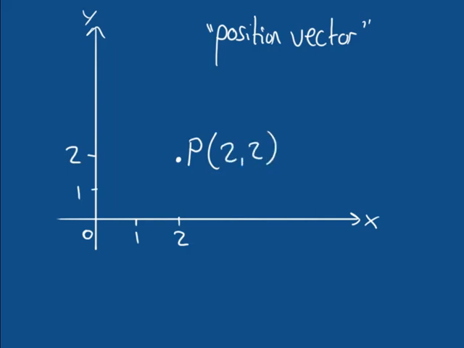Now if I had a vector that travels from the origin to this point, and if this was just a vector that we could call A, we know that A is travelling 2 units in x and 2 units in y. So we know that A is the vector 2, 2. But notice, if we explicitly say that A is a position vector, that means A must start here at the origin.